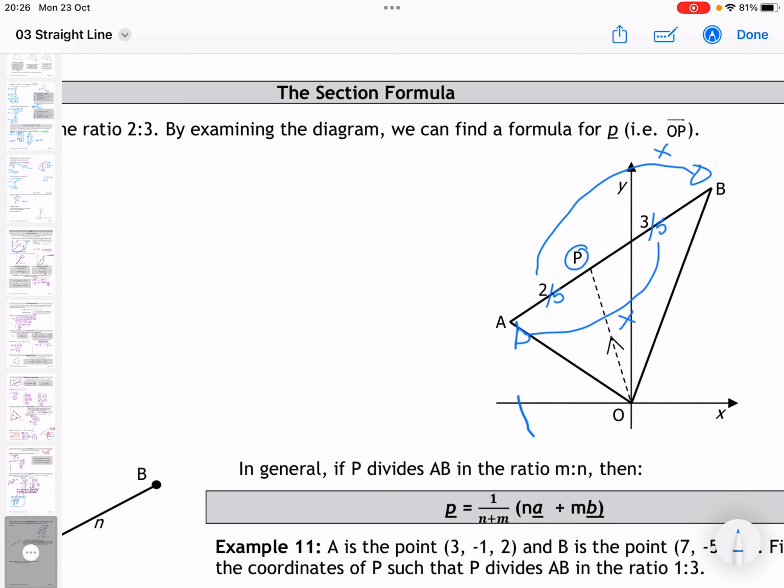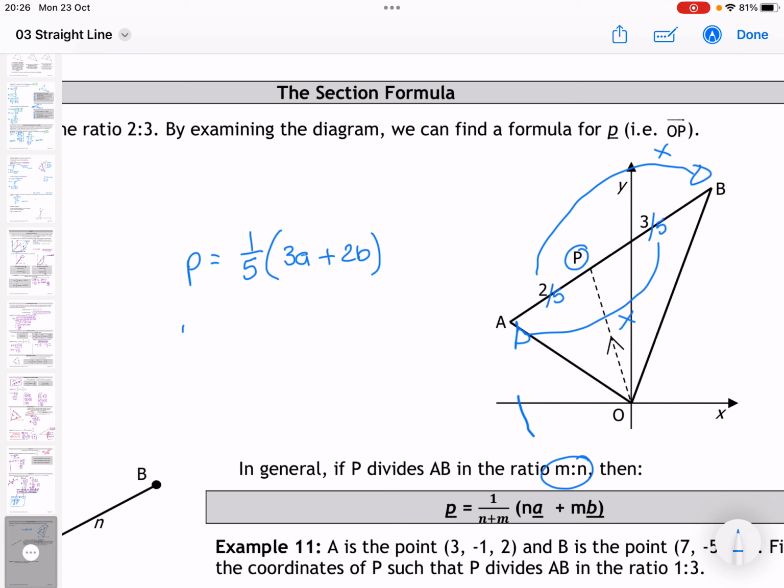It's because what you're meant to be doing is, they're then saying n and m, but it's meant to go m to n in numerical order, alphabetical order for the letters, right? So, what they're saying is that P would be equal to 1/5 of 3 lots of A plus 2 lots of B.